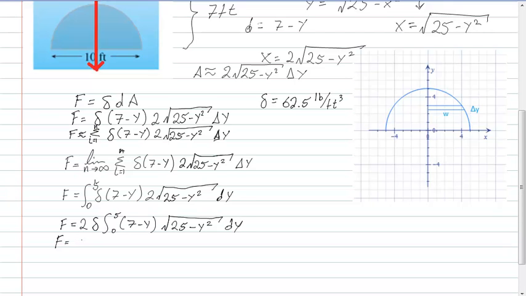And after plugging in the value for the constant delta, we get 125 times the integral from 0 to 5 of (7 minus y) times the square root of 25 minus y squared dy.